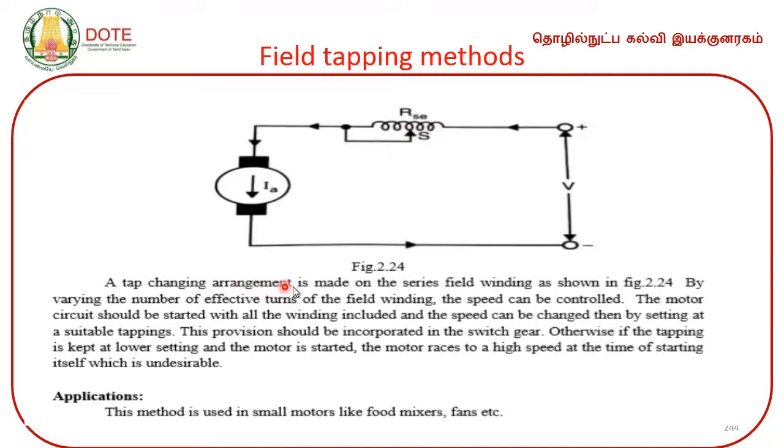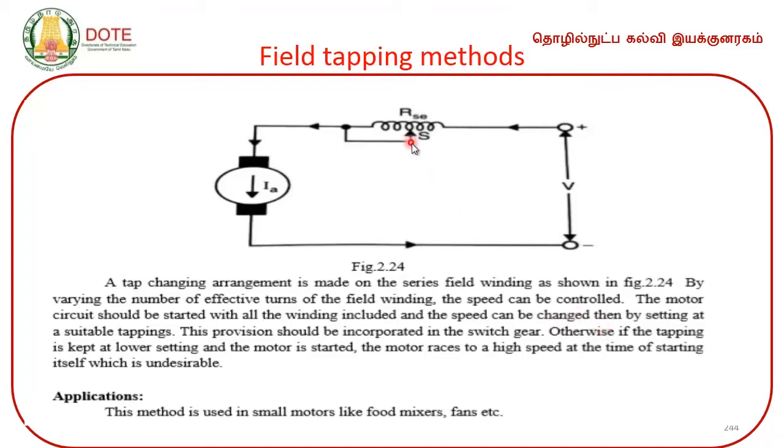A tap changing arrangement is made on the series field winding as shown in figure 2.24. By varying the number of effective turns of the field winding, the speed can be controlled. The motor circuit should be started with all the winding included, and the speed can then be changed by setting suitable tappings.